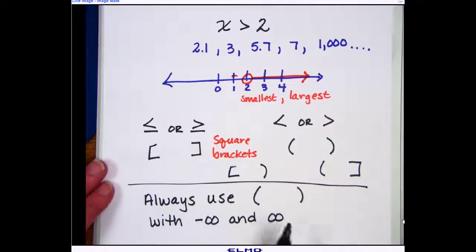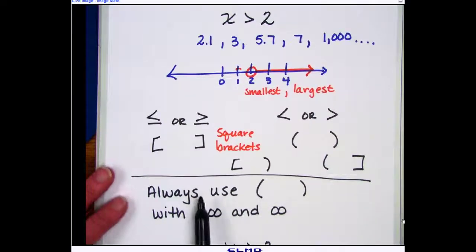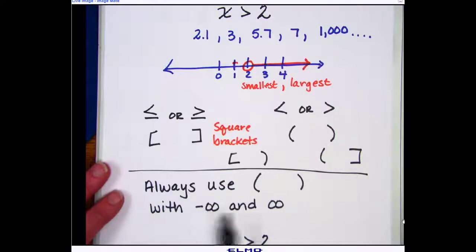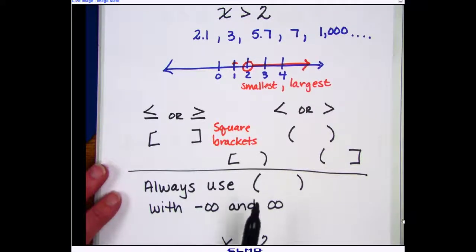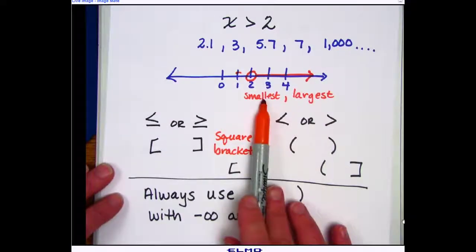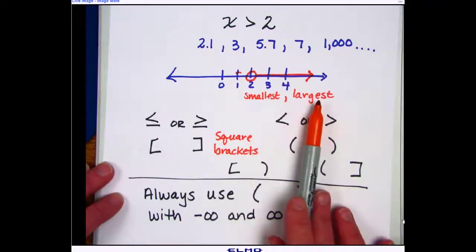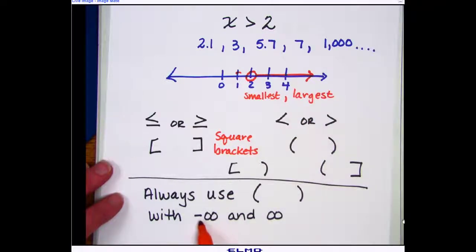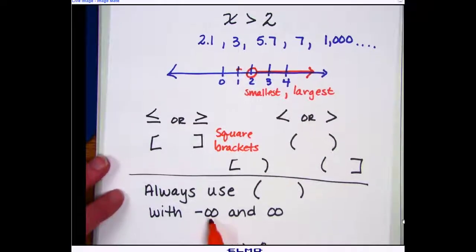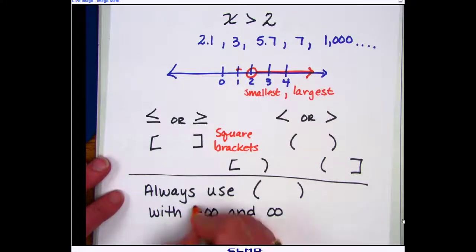One more rule before we do an example, and that is if we're saying negative infinity or positive infinity, we always use rounded brackets. Now notice up here I said we put the smallest value on the left, the largest value on the right. Well, negative infinity is never going to be on the largest side, so we'd always use this rounded bracket with negative infinity.